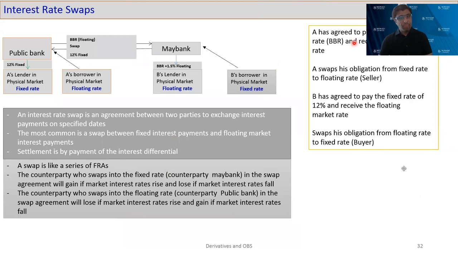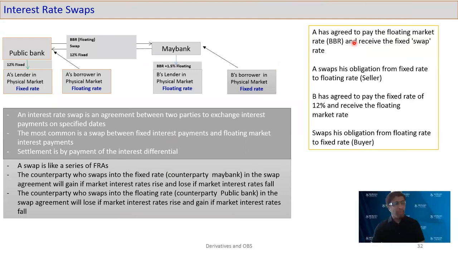Let's go now to swaps. Now, swaps are interesting because I chose here two major banks in this country, Public Bank and Maybank. Those banks swap their obligations toward the interest rate. I want you to start with Public Bank here.